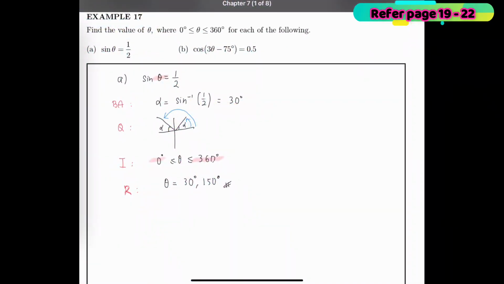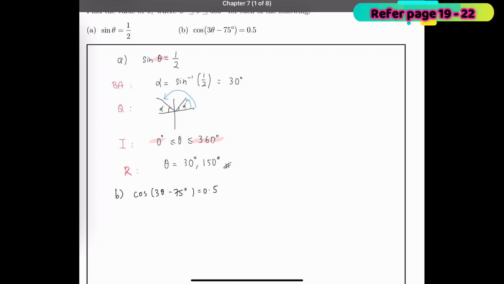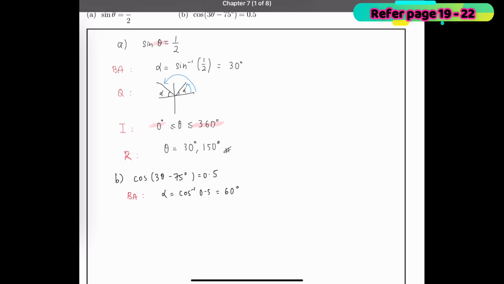For part B, we have cos of 3 theta minus 75 equals 0.5. So we're going to start our BAQIR. For the first one, we find the arc cos of 0.5, and the answer is 60 degrees. For the quadrant, cos is positive in the first and the fourth quadrant.